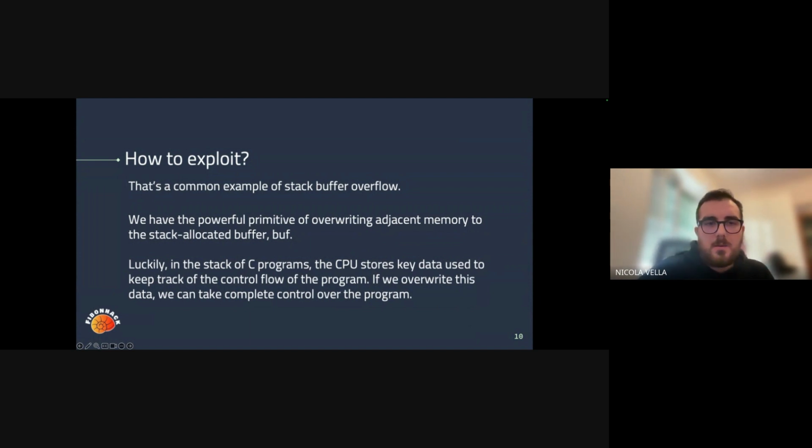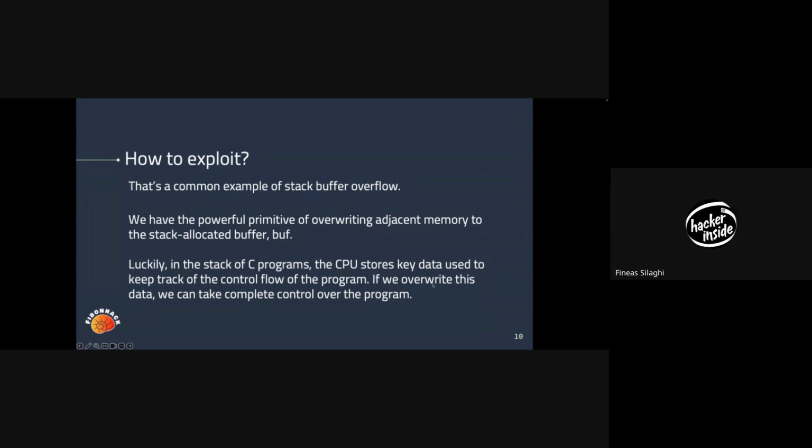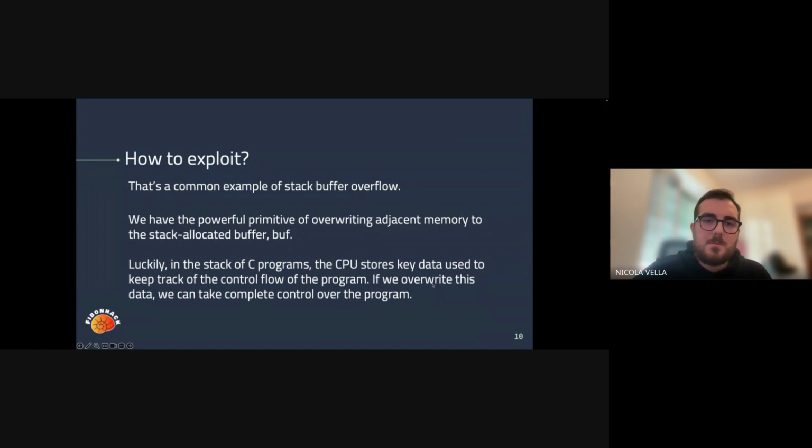In particular, we have the powerful primitive of overwriting some memory adjacent to a stack allocated buffer. Buffer overflows in general are pretty powerful in C, but only when you can overwrite something meaningful.